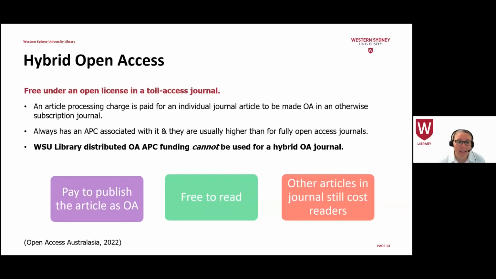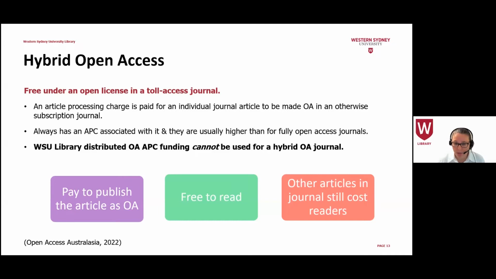Hybrid open access is a different kind of open access again. With this type, you make just the individual article freely available, but the other articles in the journal are still part of the normal subscription model. So you, in most cases, will pay to publish this article as open access.